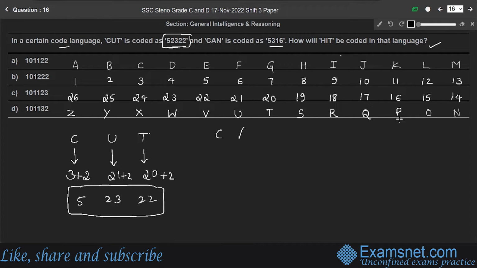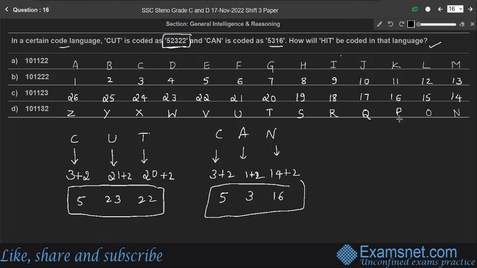Similarly for can. So positional value for C is 3, A is 1, and N is 14. Right? Add 2 to each positional value. 3 plus 2 is 5. 1 plus 2 is 3. 14 plus 2 is 16. Therefore, the code for can is 5316. Right?